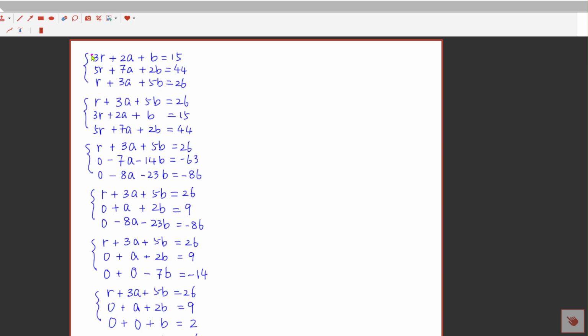So we are interested in these coefficients together with the constants, right? So this is the original coefficients and the constants. So after one step of transformation, we have 1, 3, 5, 26, then 3, 2, 1, and 15, right? Then 5, 7, 2, and 44.